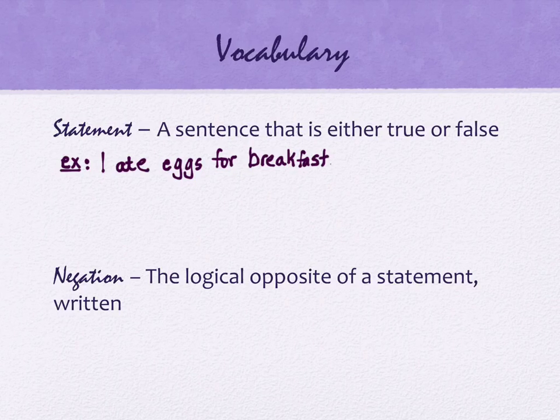I either did or I didn't. This is either a truthful statement or a false statement. There is no gray area in between. Okay? This is a statement.